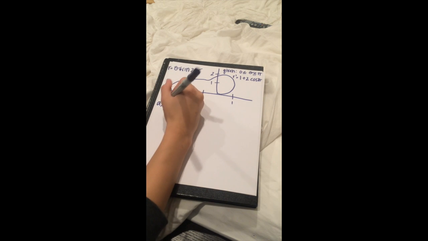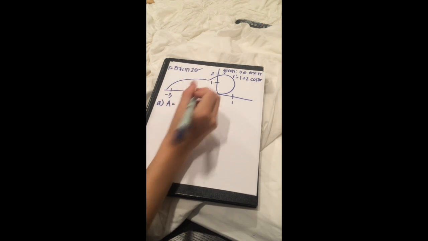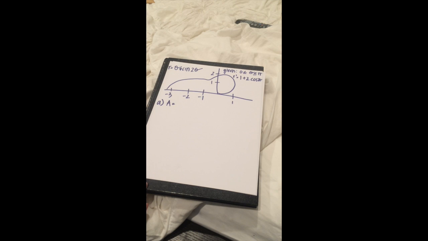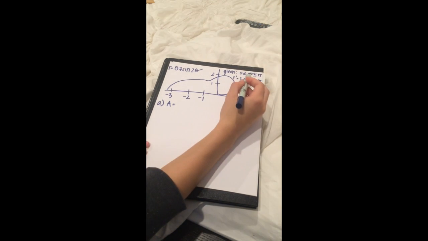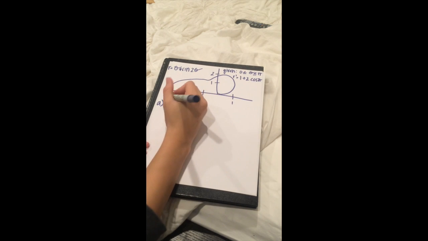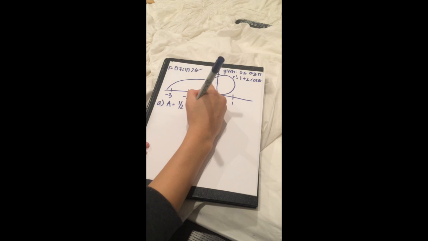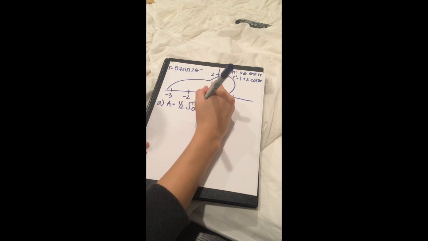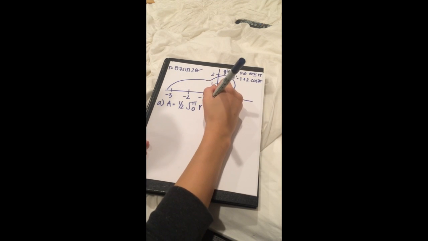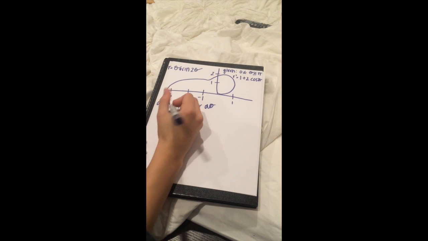So problem A, we're asked to find the area, and we're going to go ahead and take the integral because that's how you find the area underneath the curve, but we're going to keep in mind our limitations for theta, which is 0 and pi. So area is equal to 1/2 times the integral from 0 to pi of r squared d theta. Can't forget that.